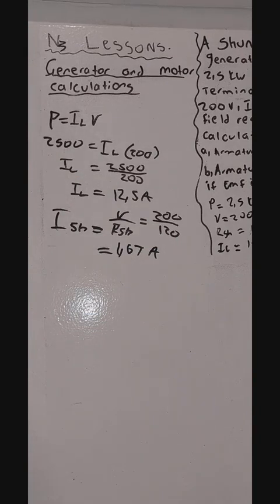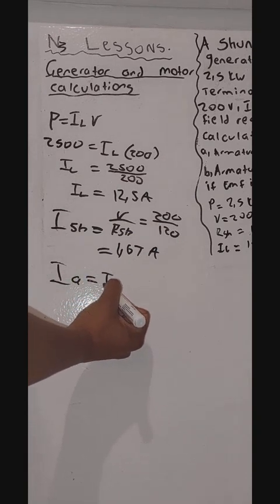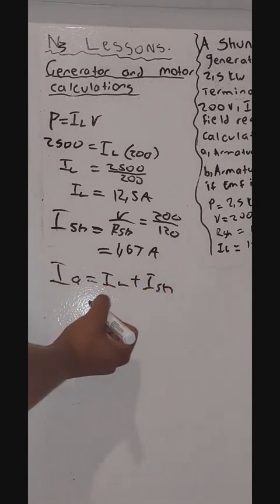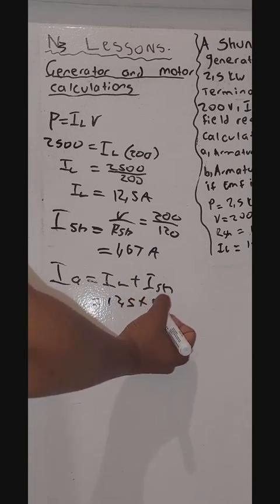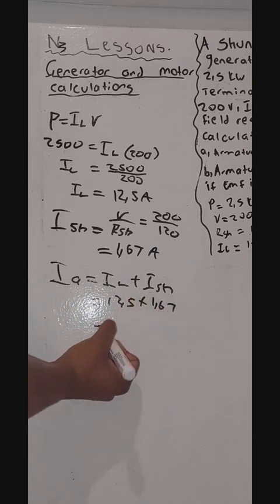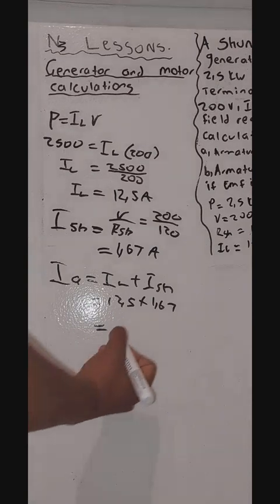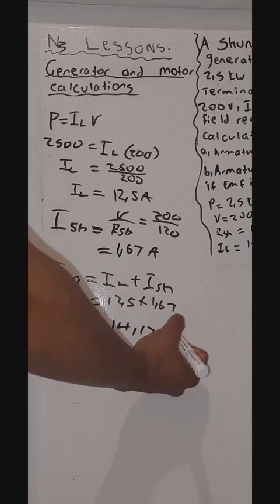So we got this, right? If we got this, we can go to that formula again where we solve for IA. They said IA is equal to IL plus I shunt. So what is our IA? 12,5 plus 1,67. Let's go. 12,5 plus 1,67 is 14,17. I find my IA to be 14,17A.